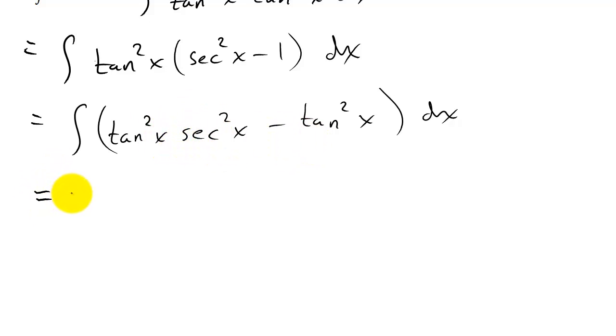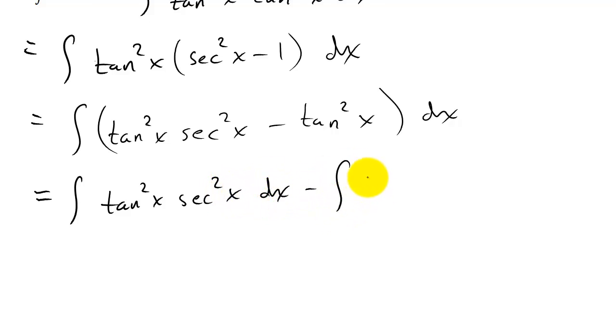So that's going to be the integral of tangent squared x secant squared x dx minus, and then here I have tangent squared x dx. Now, let's look at this tangent squared x. There's really nothing I can do here.